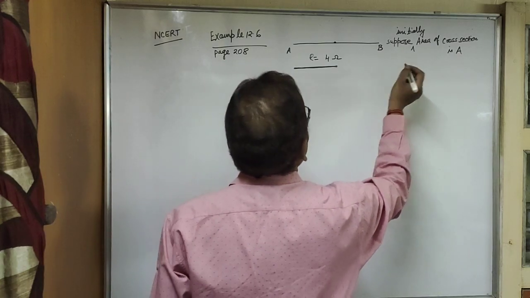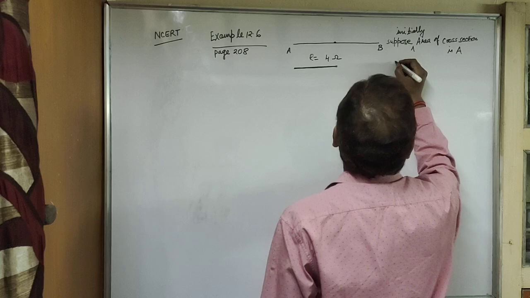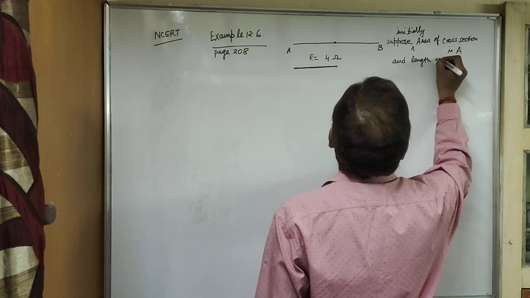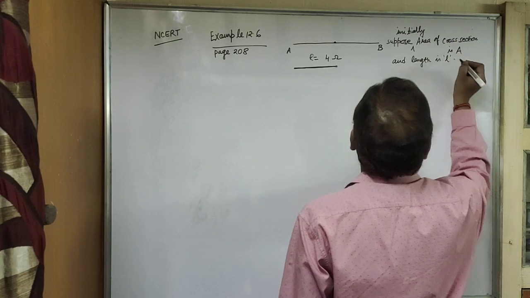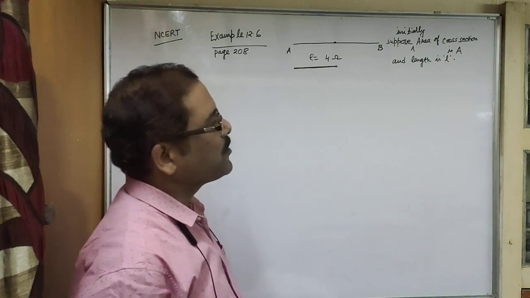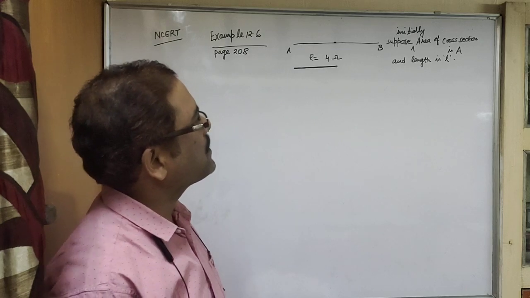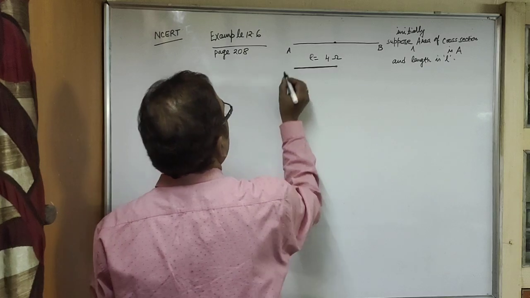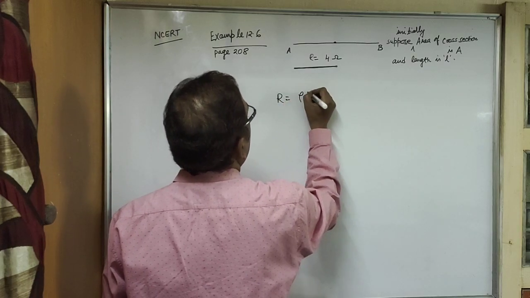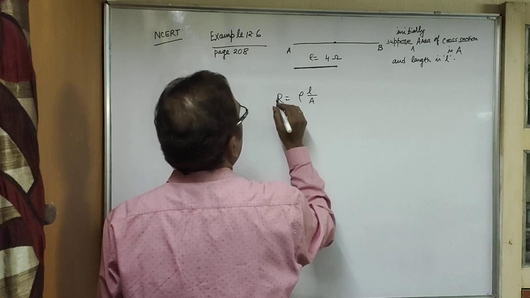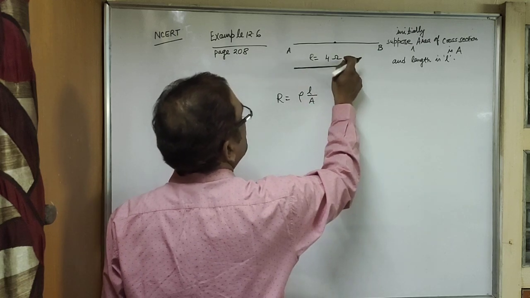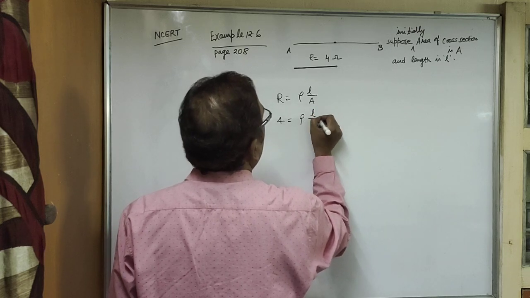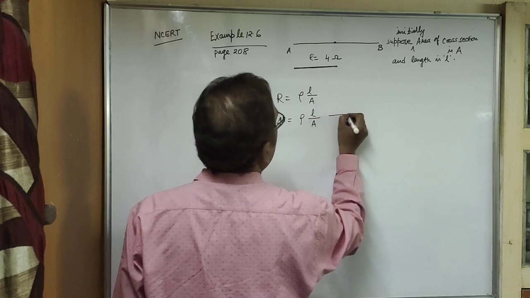Suppose initially area of cross section is A and length is L. So we have a formula that R is equal to rho L by A. So we can write, resistance is given for this wire, 4 is equal to rho L by A. This is equation 1.